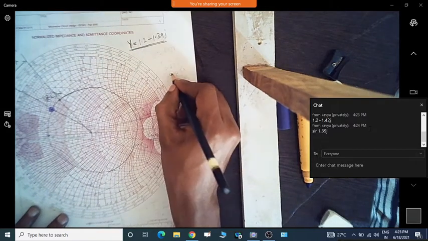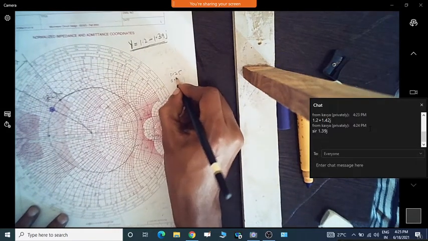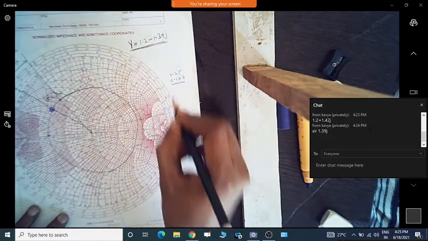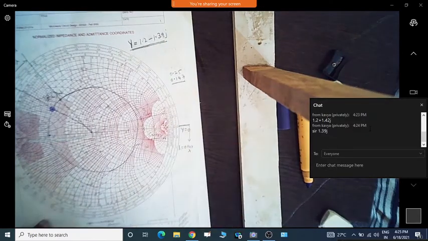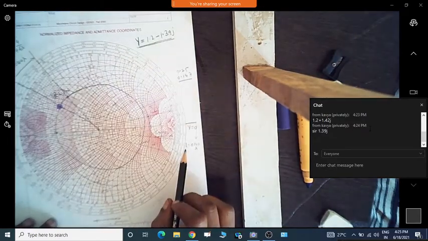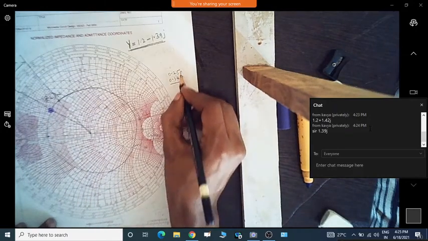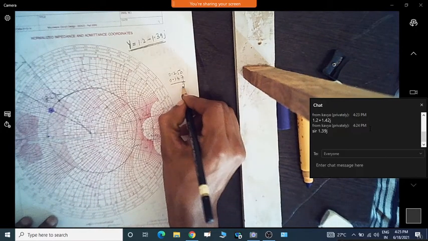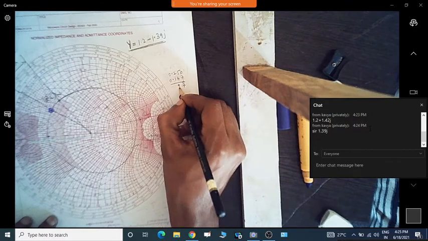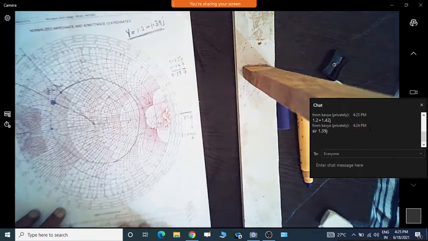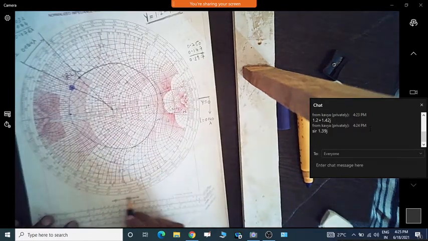You have to add 0.147 to this to arrive at the susceptance offered by this stub. If I add that, you will get 0.397.